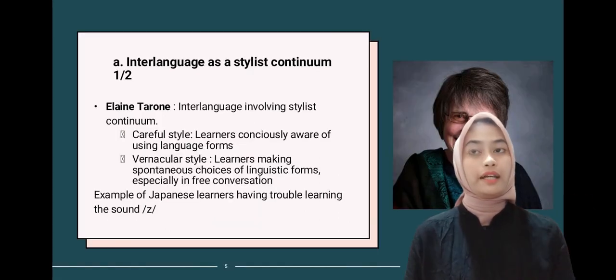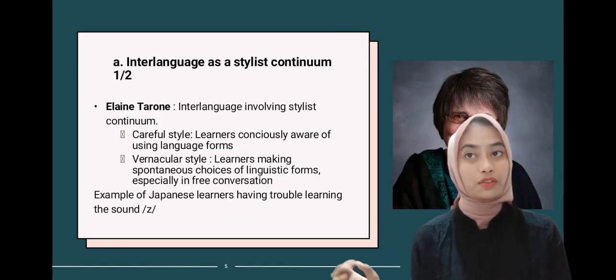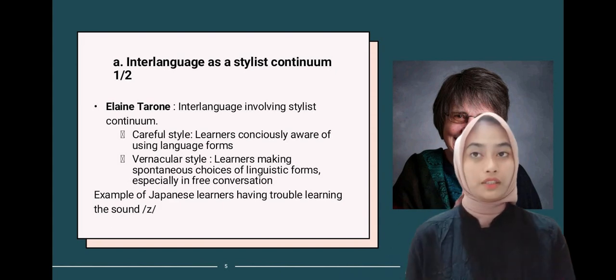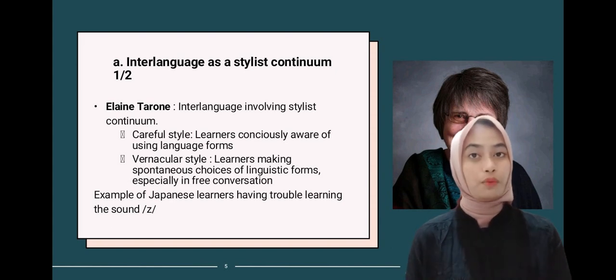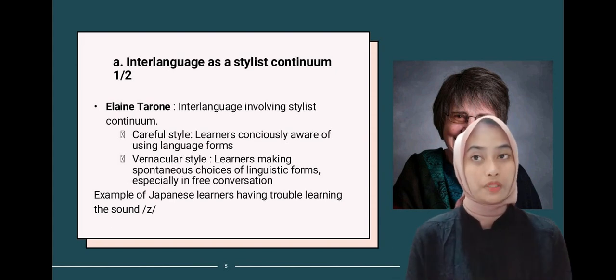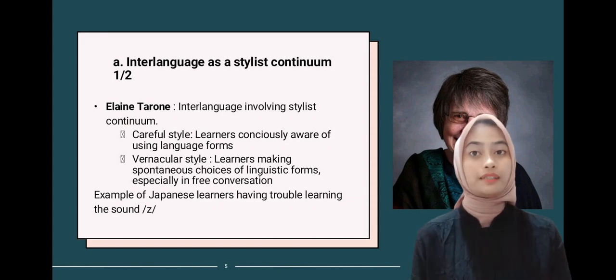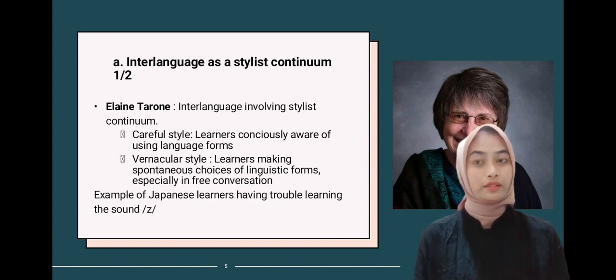Next is A, interlanguage as a stylistic continuum, by Tarone. Interlanguage involves a stylistic continuum. Careful style: learners are consciously aware of using language forms. Vernacular style: learners make spontaneous choices of linguistic forms, especially in free conversation.